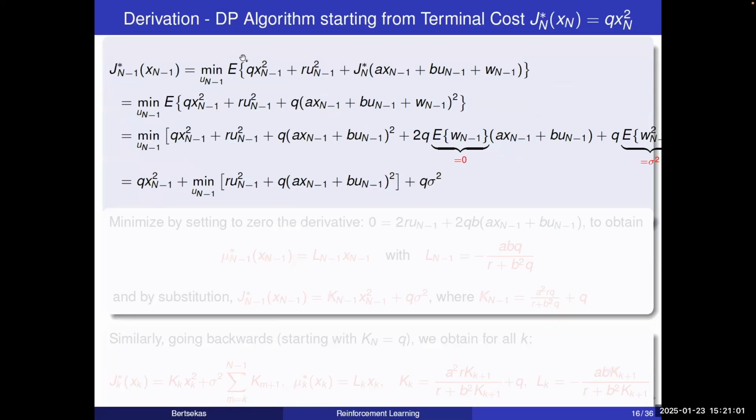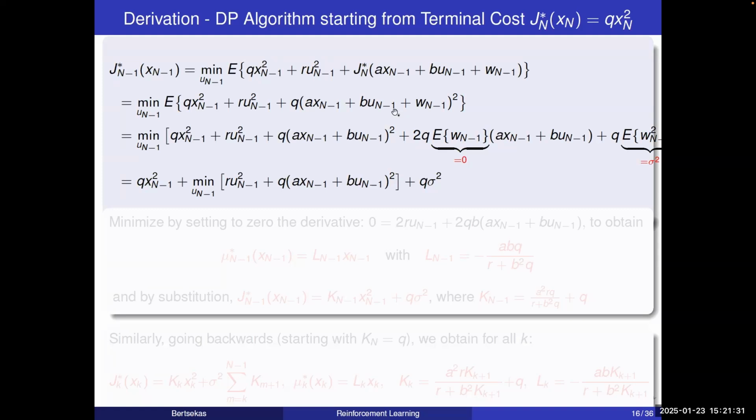The Jn star is Qxn squared, right? So the first step of the dynamic programming algorithm does this calculation here. We plug in for Jn star Qxn squared, or the argument here. And now what we have to do is carry out this minimization.